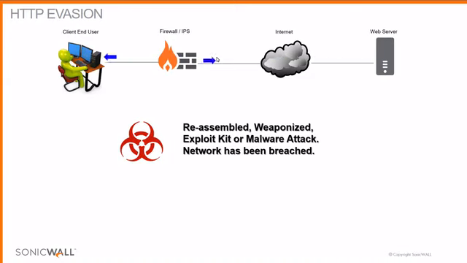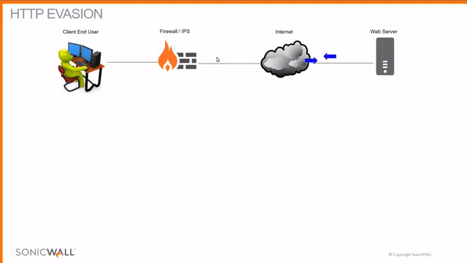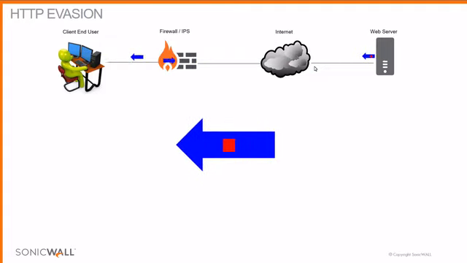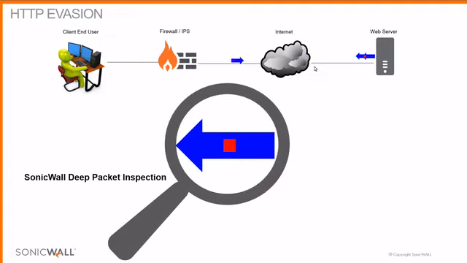The way that SonicWall will protect your network is that we leverage what's referred to as the deep packet inspection model. In this case, you'll see the little blue arrow at the top here, where the red dot is coming into the firewall. As that packet hits the SonicWall appliance, containing malicious code and using the HTTP evasion scripting to circumvent the firewall, the SonicWall appliance, by leveraging our deep packet inspection, is able to analyze this packet even though it's been sliced and diced.